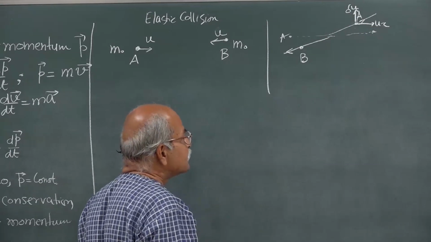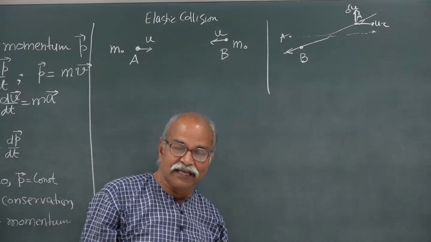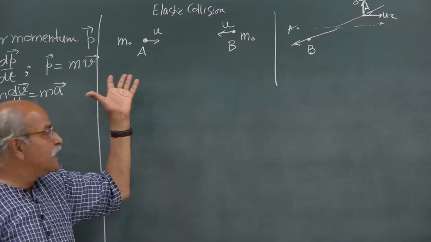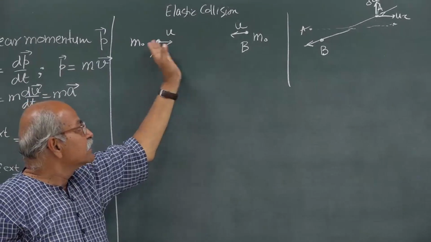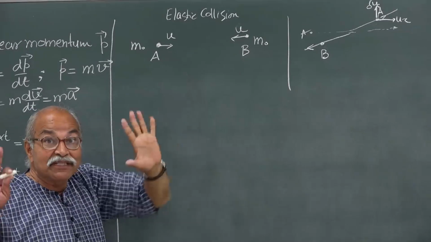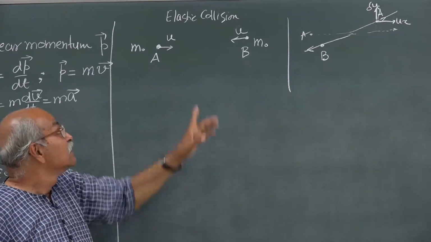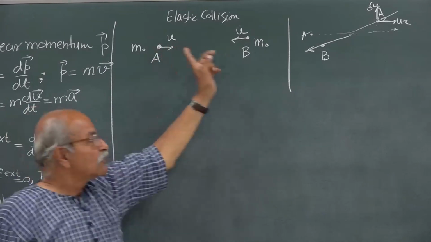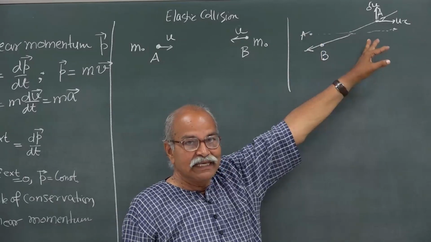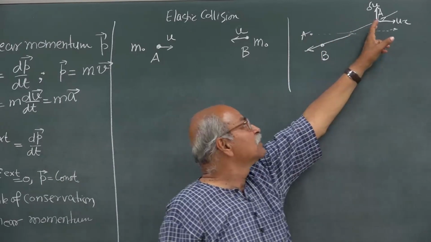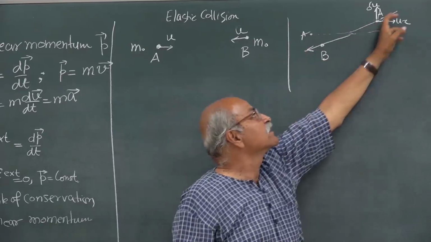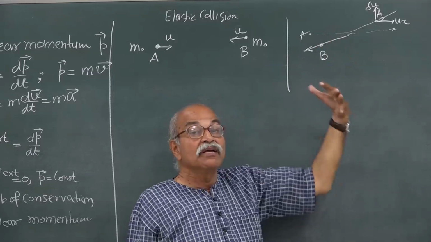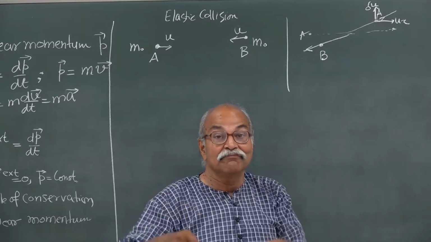Now, since it is an elastic collision, the kinetic energy is the same, and the situation is very symmetric. We are always looking at the same kinetic energy and linear momentum conservation. Here the linear momentum is 0 in the x direction and y direction. So, here also the linear momentum should be 0 in the x direction and y direction, and therefore these two should again be opposite each other, on the same line, so that the linear momentum vectors when added give you 0.